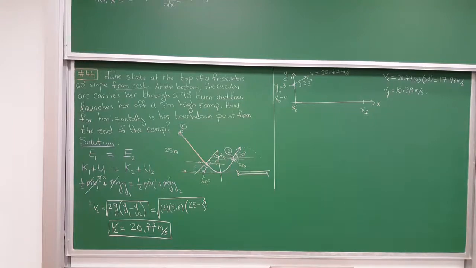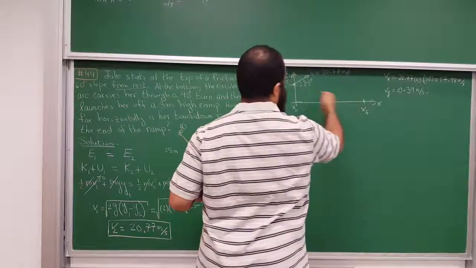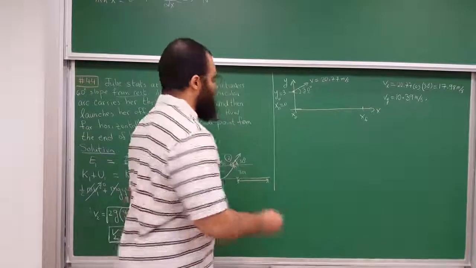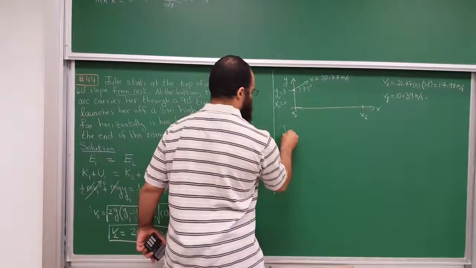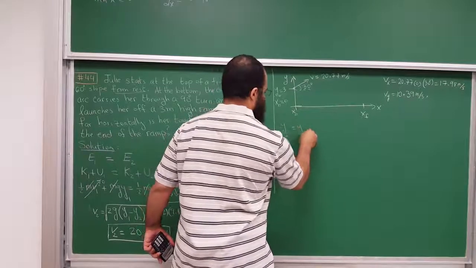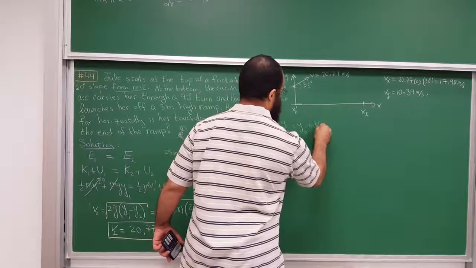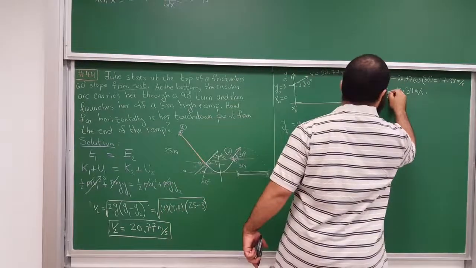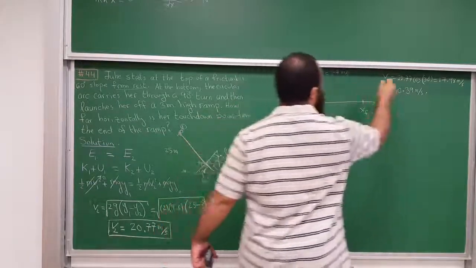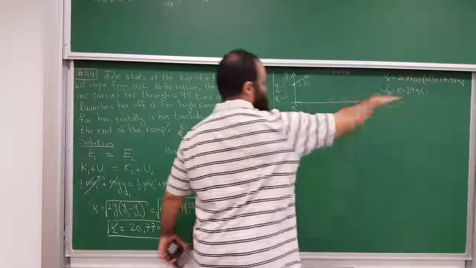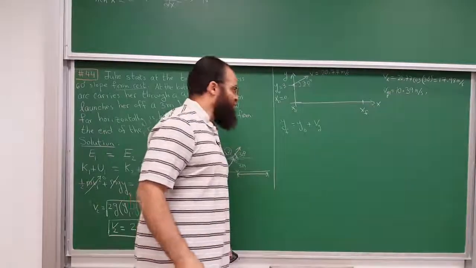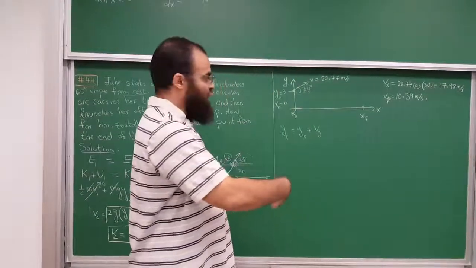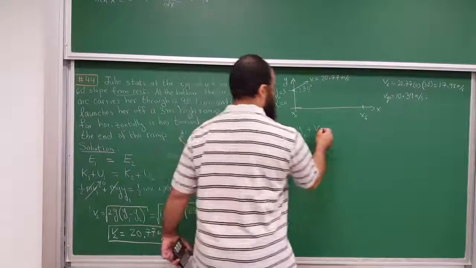All right, so to figure out where it will fall, I have to figure out how long it will take to fall. So let's use the equation for the y. I know that y final is equal to y initial plus vy initial, meaning at this point, and this is vx initial. But remember, vx does not change when the only force acting is gravity. Gravity only acts in the y direction, not in the x direction. So the x velocity does not change.